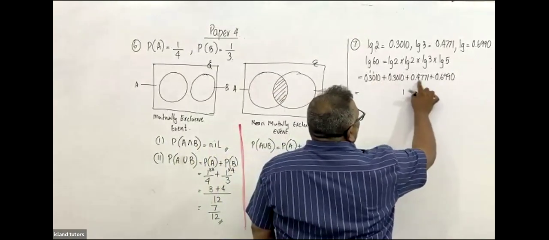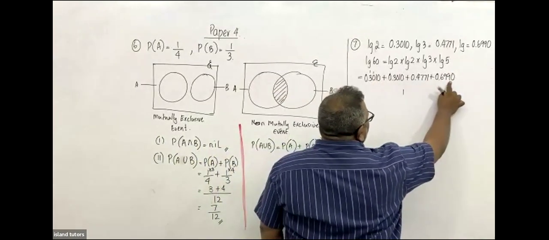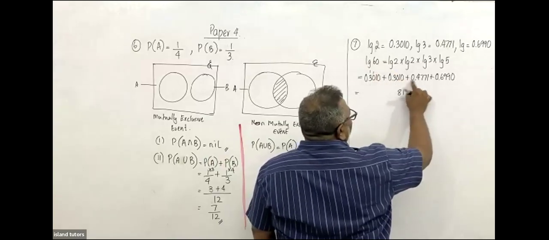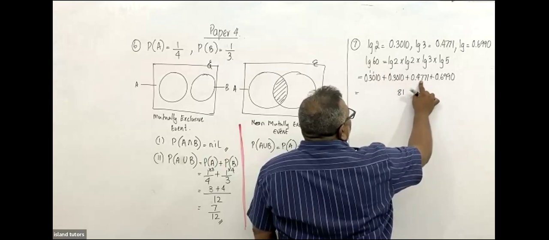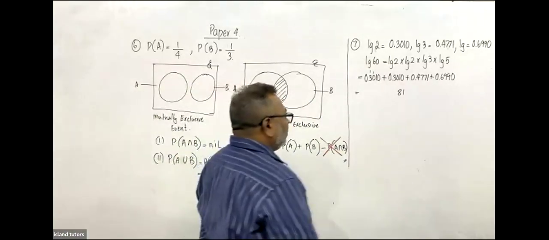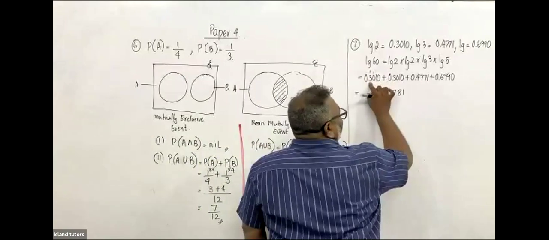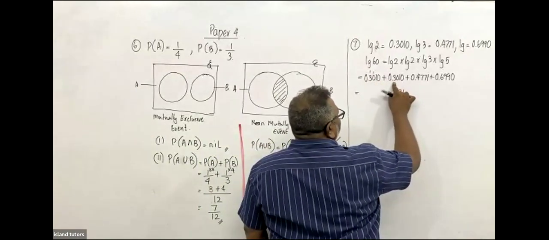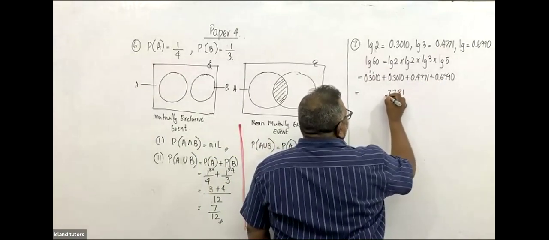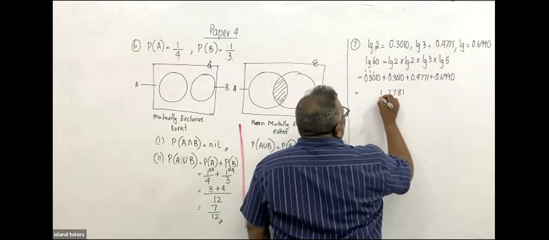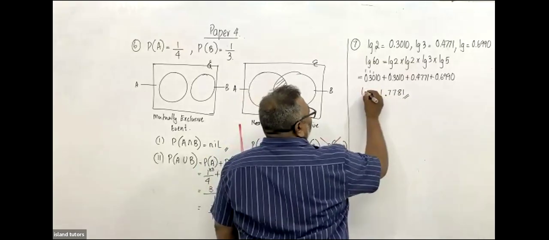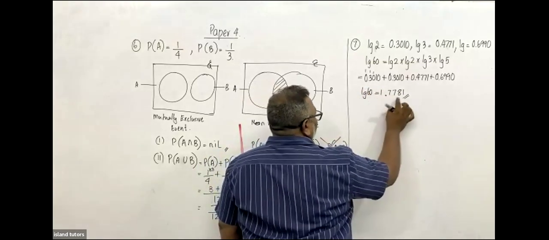Then 1 plus 1 is 2, plus 7 is 9, plus 9 is 18. 1 carry forward. 1 plus 0 is 1, plus 7 is 8, plus 9 is 17. 1 carry forward. 1 plus 3 is 4, plus 3 is 7, plus 4 is 11, plus 6 is 17. 1 carry forward. So your answer is 1.7781. So log 60 is equal to 1.7781.